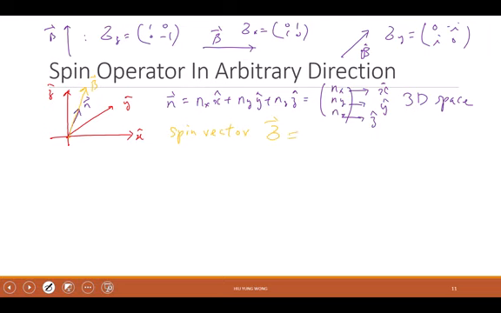Sigma vector equals sigma x x hat, plus sigma y y hat, plus sigma z z hat. I hope you won't feel this is weird. What are the bases of this vector? X, Y, Z, the real space. What are the coefficients of the bases? They are matrices.